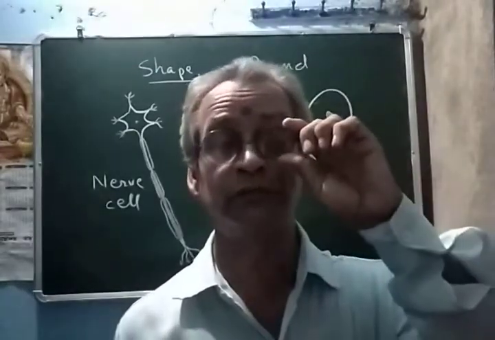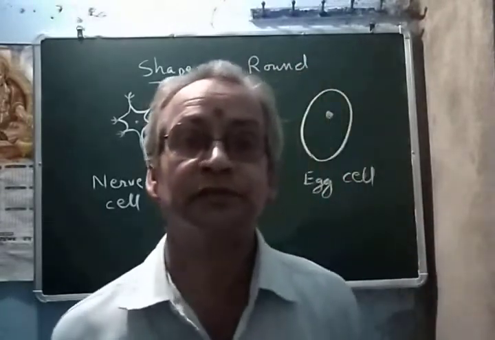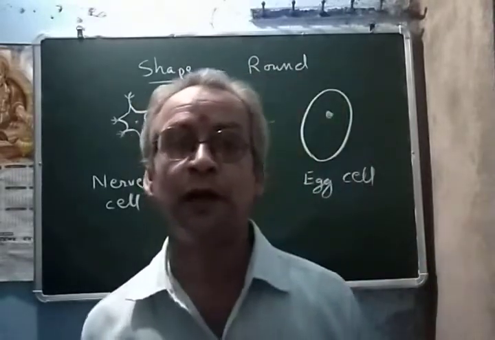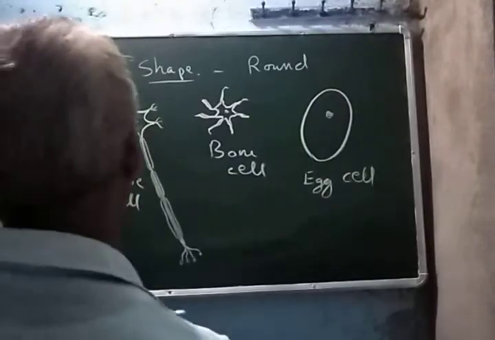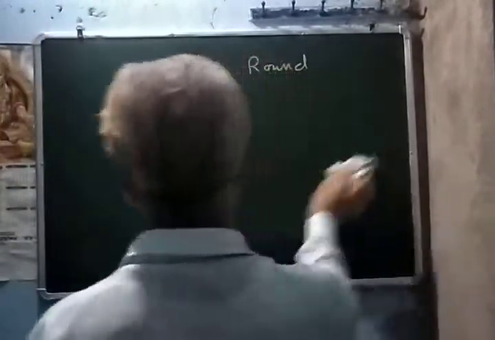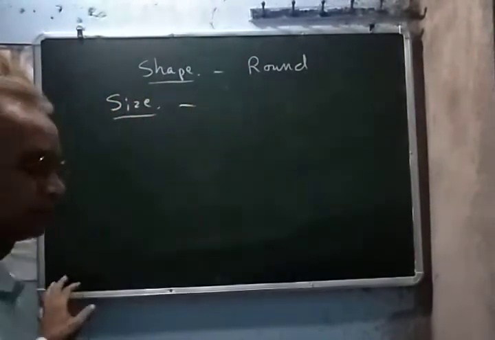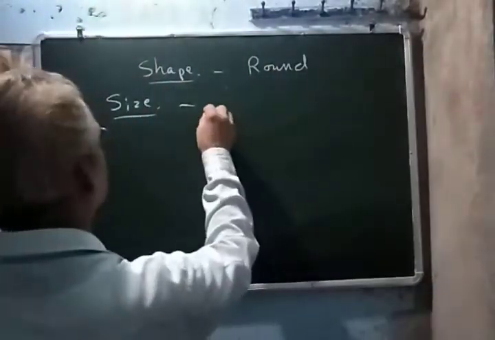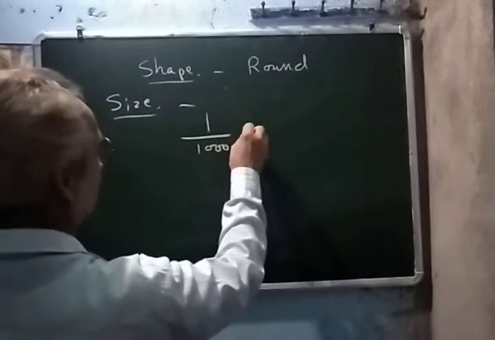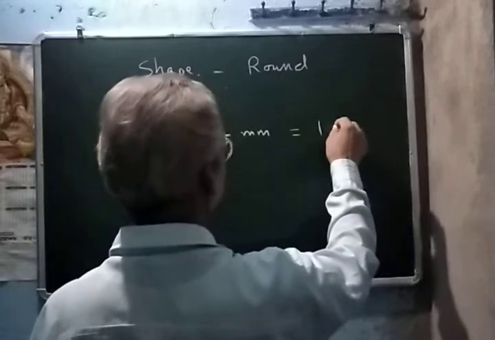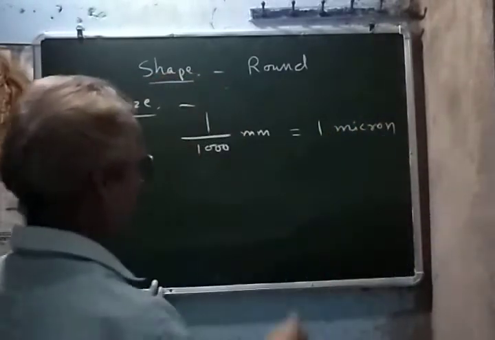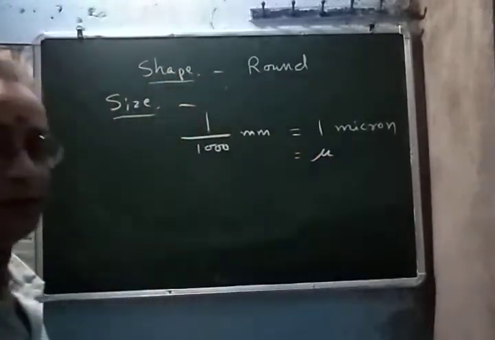The size of cells is measured by the micron unit. 1 micron means 1/1000 millimeter is called 1 micron. 1 micron is also denoted by mu.